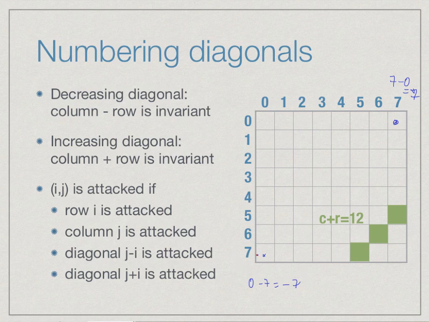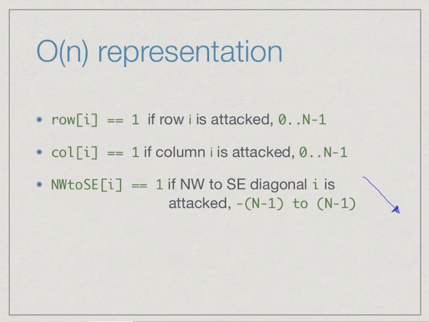On the other hand, if you go the other way, the sum at this point is 0 plus 0, which is 0, and the sum over here is 7 plus 7, which is 14. So the sums along these diagonals are 0, 1, 2, 3, 4 and so on.